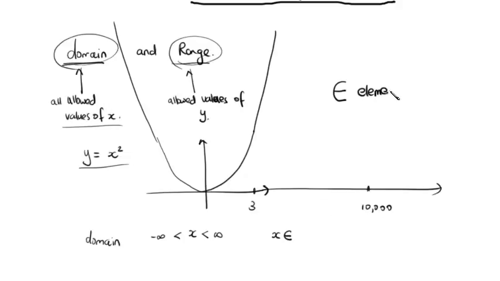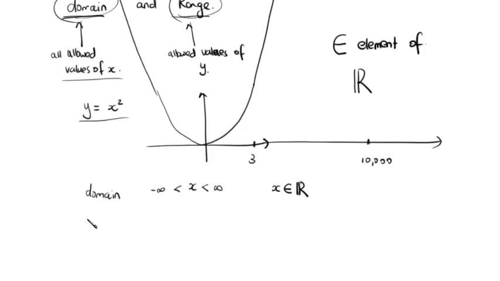We say all real numbers, so we write R but put another line next to it, so it looks like a big capital R. That's all real numbers, which means negative infinity to infinity. So that's the domain.